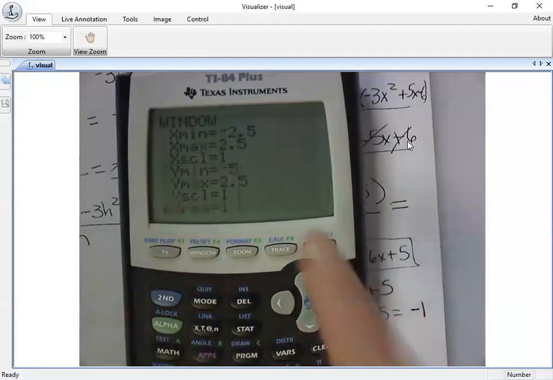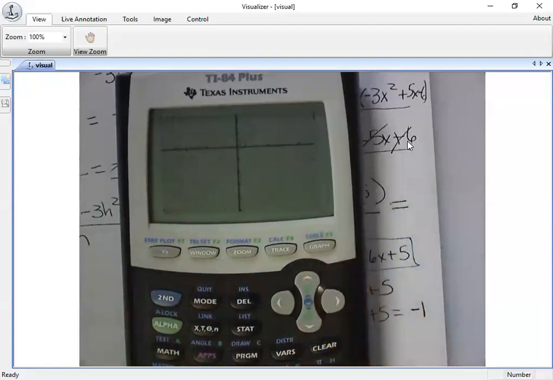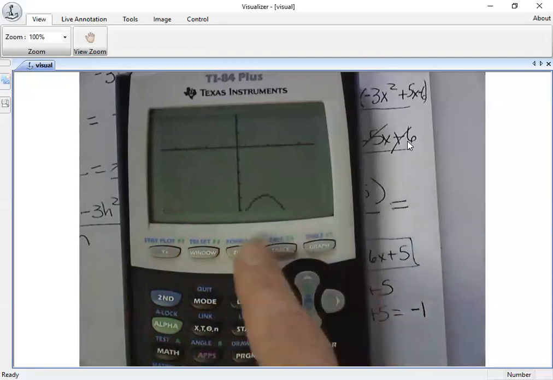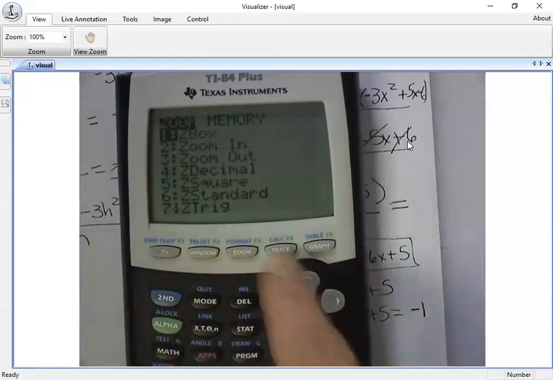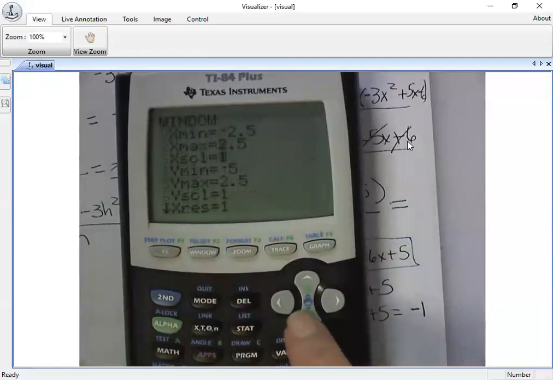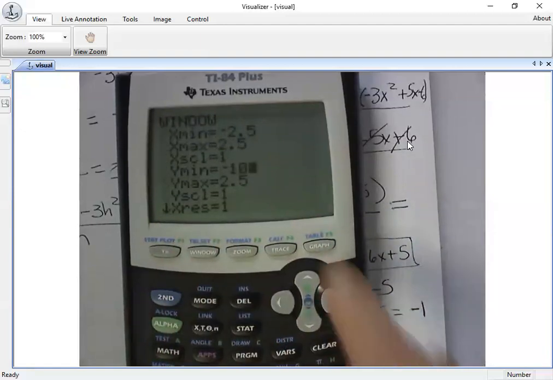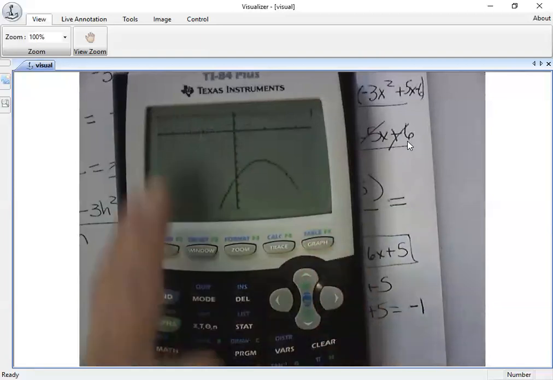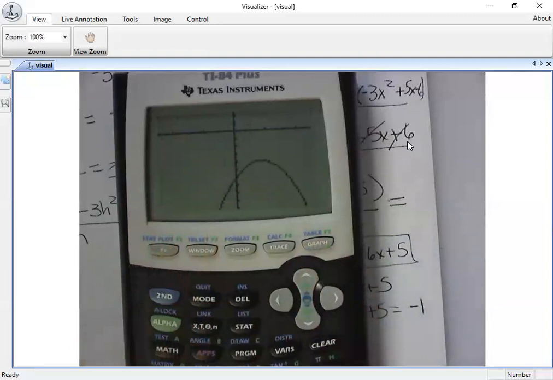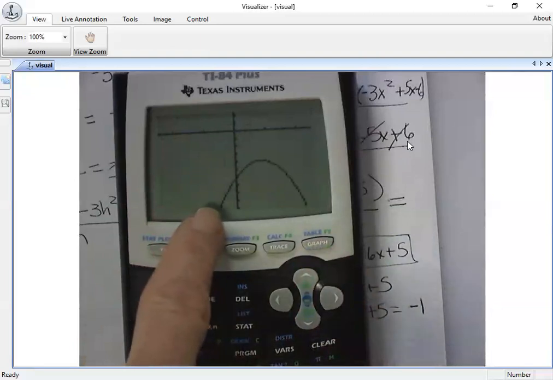Okay, so now we'll graph. Oh, still not enough. Okay. So let me go to the window. We'll make it -10. How about that? Okay, so when x is -1, we've got a point that's something like this, right?